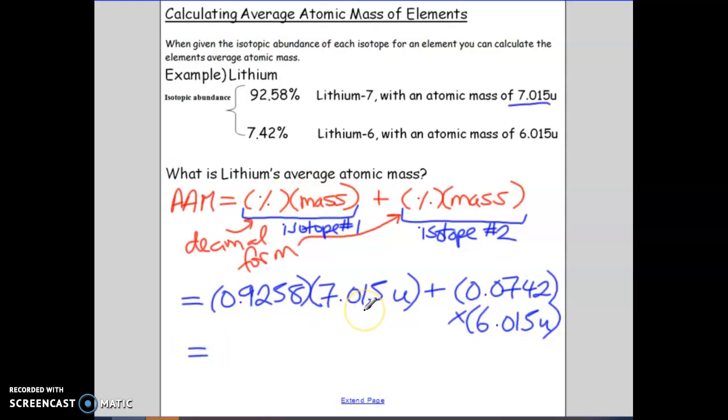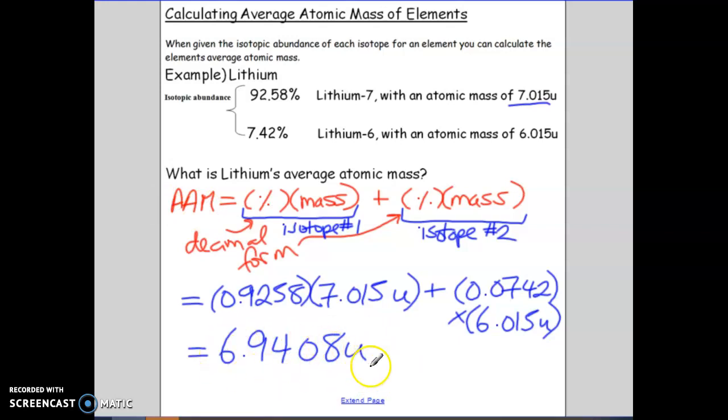We execute this calculation: 0.9258 times 7.015 plus 0.0742 times 6.015. So we get a value here of 6.9408 for the average atomic mass.